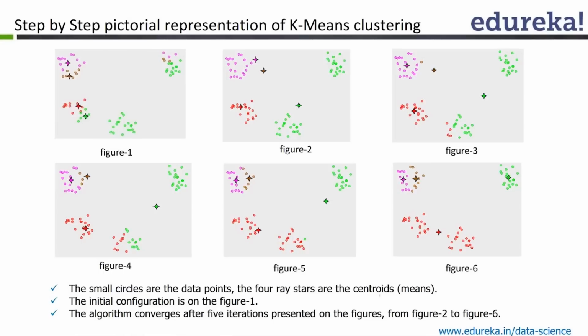Let's say we randomly generated the points and we call them clusters. In this picture, we have 4 centers. Your circles are your data points, and these little star points are your centers, the 4 centers that you randomly chose. In the next step, you compute the distance between every point and all the k centers.